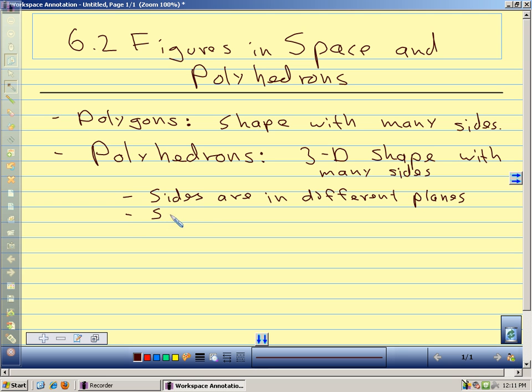The sides are polygons. So we make up a 3-dimensional shape out of a bunch of polygons. We put them all together, and they're in different planes, and that's how we get our shape. So our sides are polygons. We call the sides faces.